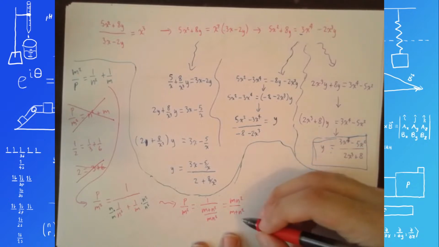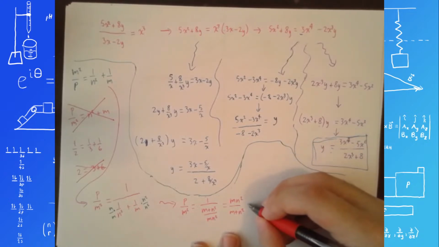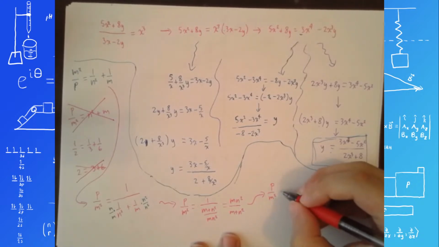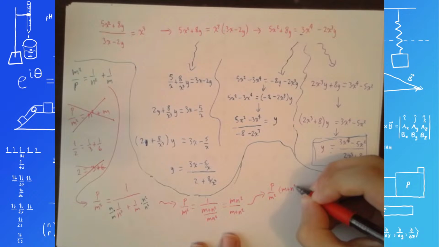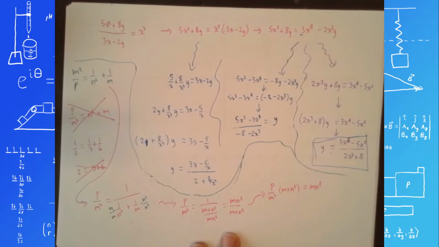If I then multiply the m plus n squared over to the left-hand side, then I get p over m squared times m plus n squared equals mn squared.